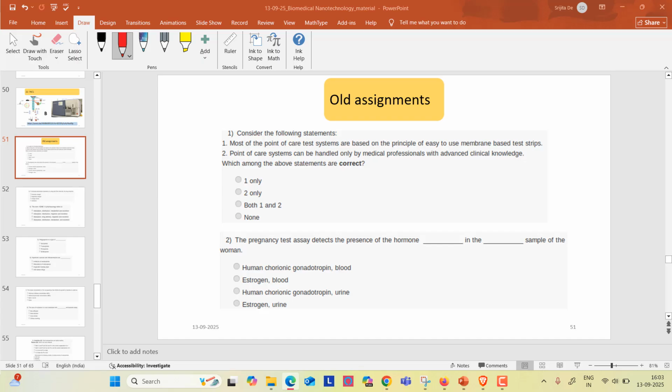So first one says that it is based on the use of membrane based test strips, and the second is saying that it can only be handled by medical professionals. Which one is true?